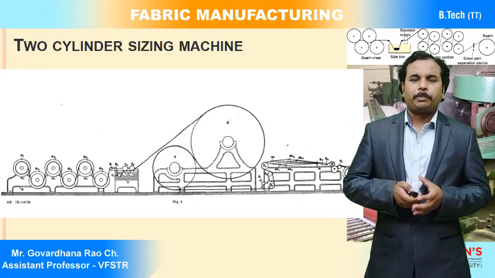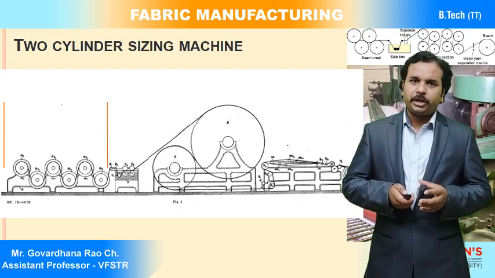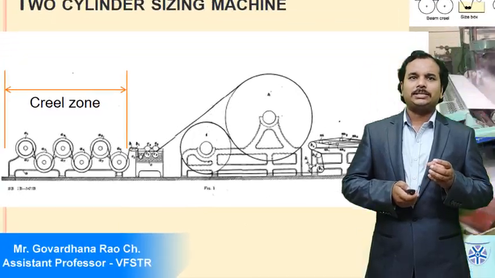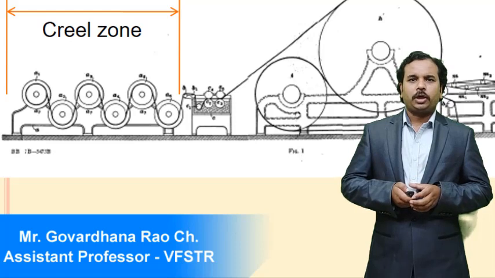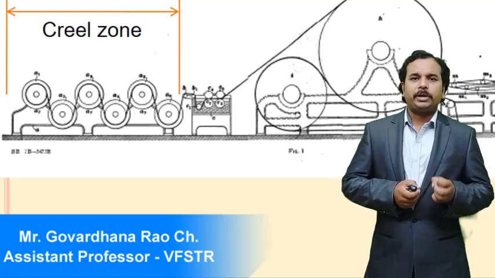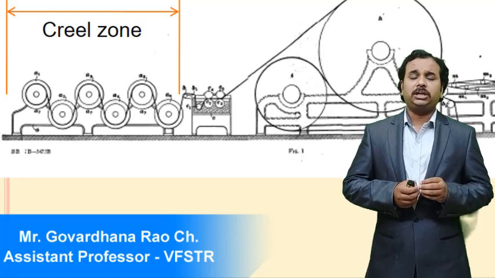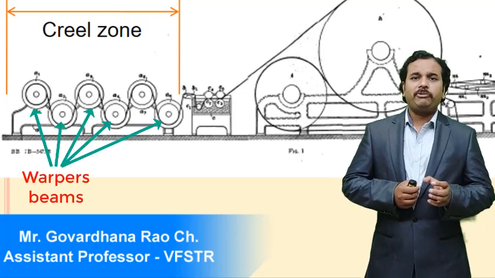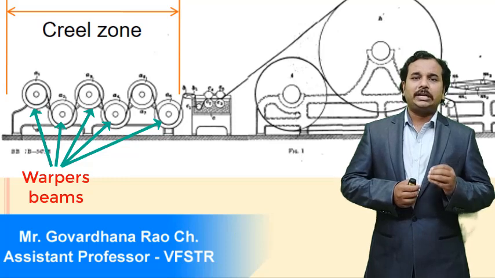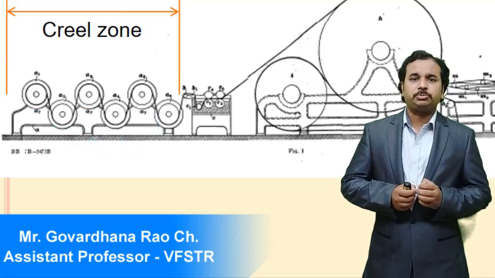This is called the creel zone, where the warper's beams are kept one beside the other, so that we get the number of ends required in the weaver's beam.